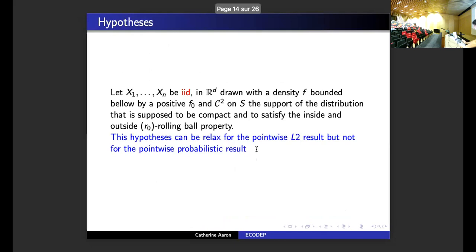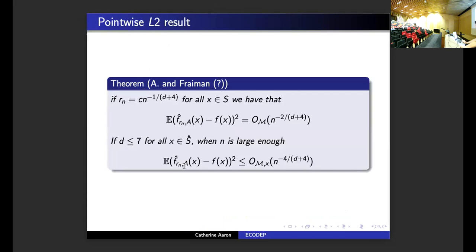What about that? Okay, we take the same hypotheses, and for the support, we just add a regularity condition on the density. We have that our density estimation is as good as the kernel or nearest neighbor density estimator, which is minimax, for all points that belong to the interior of the support, when the dimension is smaller than 7.